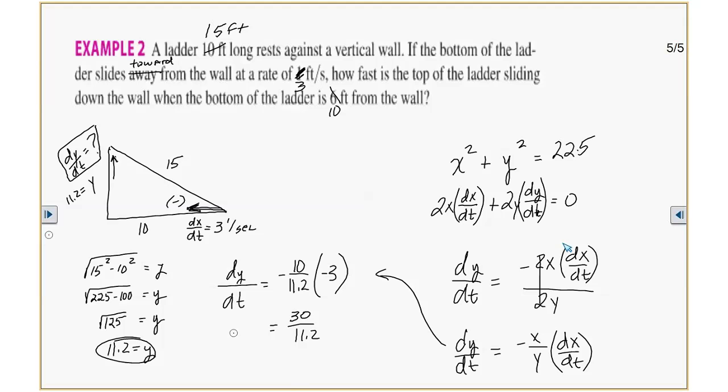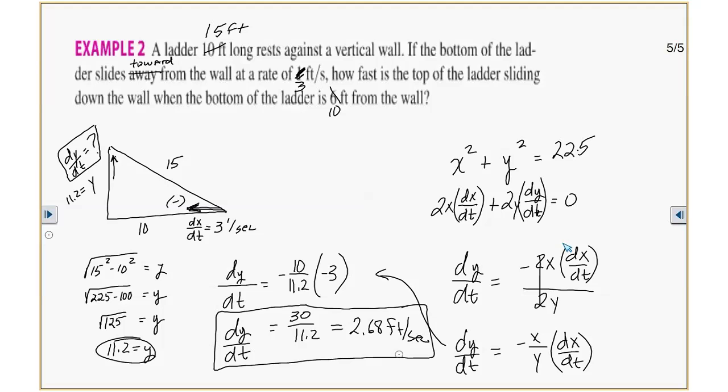Calculator drill team. What is it? 2.68 feet per second. So that means that if you're pushing at a rate of 3 feet per second, it's going to be going up 2.68 feet per second.